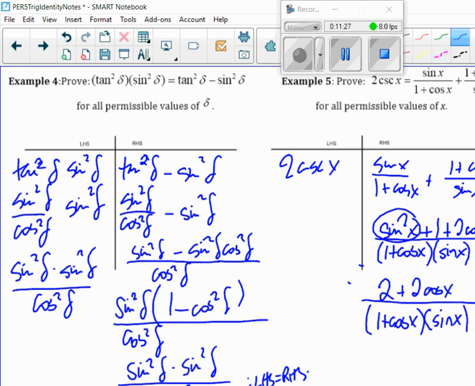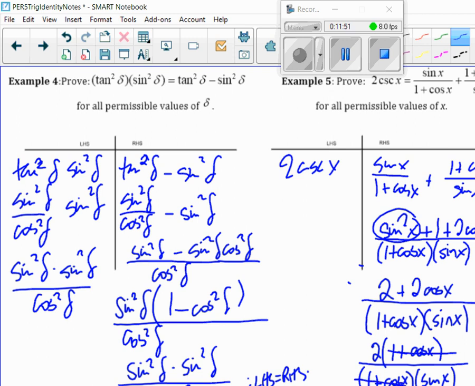Okay, so then what do I do? Do you see if there's something that's common to both? That should be like the red flag. I need to factor that out. So 2 times bracket 1 plus cos x over bracket 1 plus cos x sine x. And then what? Yeah, you can cancel those binomials there.